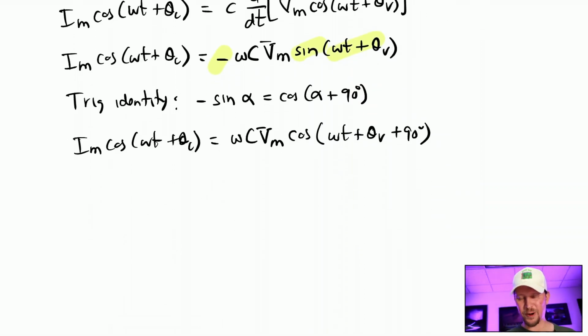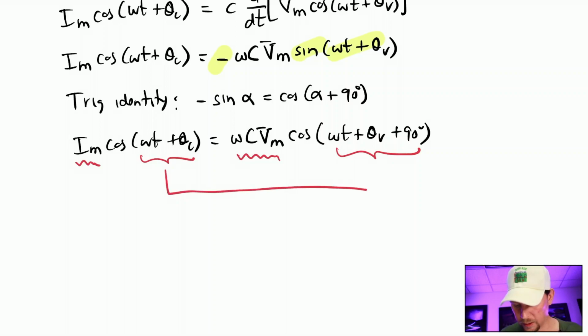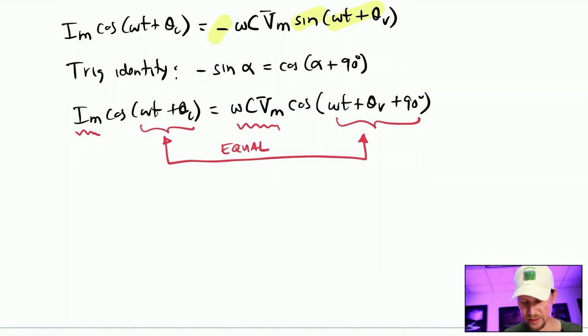Now, since we have a constant times the cosine of an argument, the arguments of each cosine must be the same. The magnitudes must also be the same. So this must be the same as that. And more importantly, these two internally must be equal for a capacitor, which leads us to conclude that theta_I is equal to theta_v plus 90 degrees.